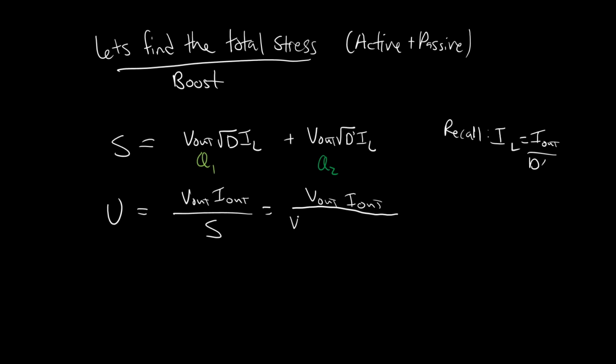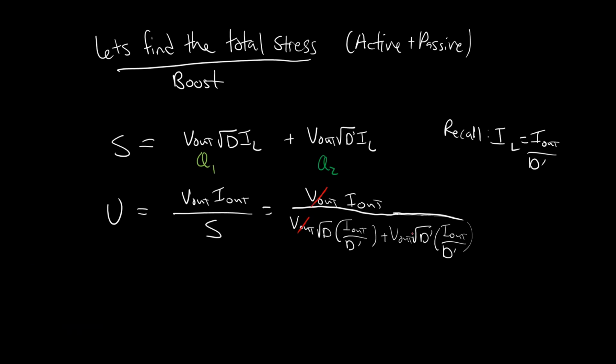So we have V out times root D, and then we have I out over D prime, and then we have V out times root D prime, I out over D prime. Great. So now we can start canceling stuff, right?